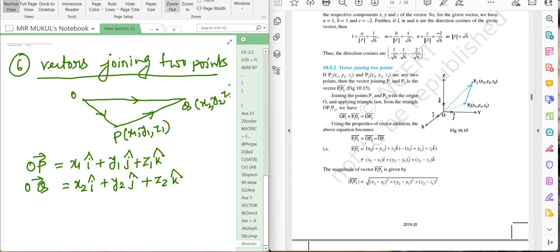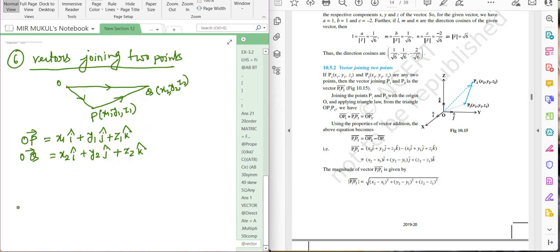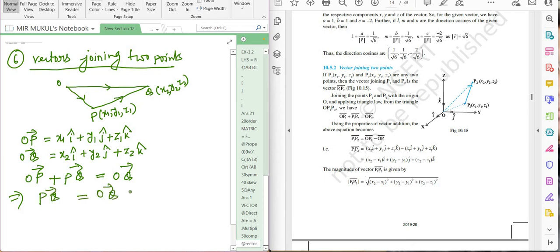Now use the triangle law of vectors, then we know that OP plus PQ, these two sides are in the same direction, same order, and OQ in a different direction. So the sum of these two vectors will be OQ. It means PQ can be written as OQ minus OP.